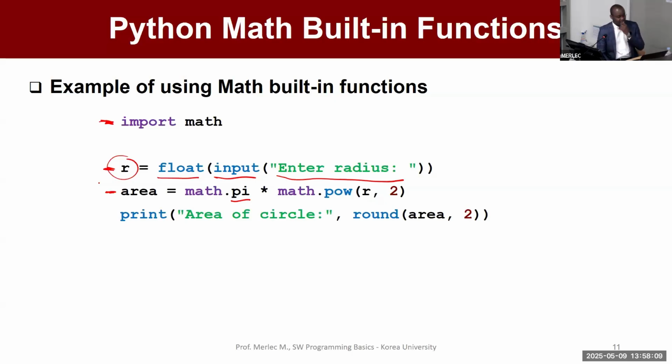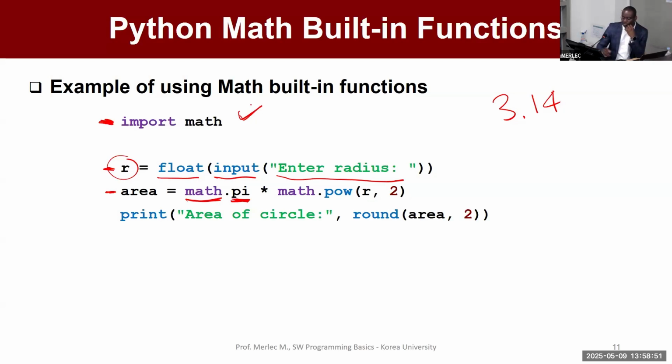The area of the circle basically needs to be computed considering the pi value, which is a constant. The pi value is equal to 3.14, so we already know that value. But since it's a commonly known value within the math library, that's why we use the pi constant, which is defined in the math module. So first of all, if we use this syntax without importing math, it will not work.